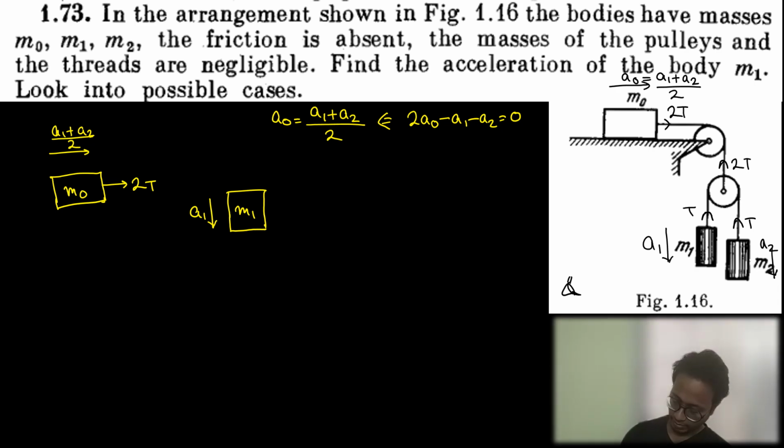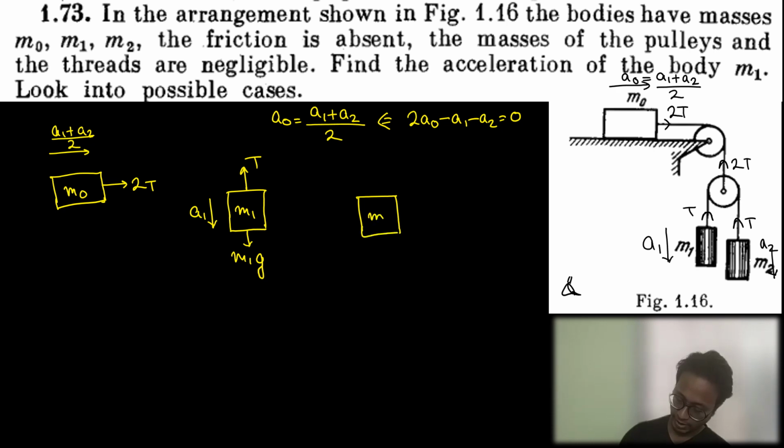So out here T, m1g. If the values of m0, m1 and m2 are given, it does not matter in what direction you assume the value of a2. If the answer comes out to be negative, that means your assumed direction is wrong and you change the direction vector of the acceleration. So out here let's focus on the problem.